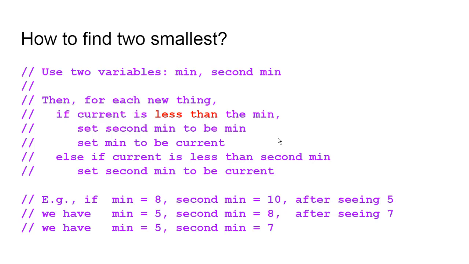Because 5 is less than 8, the new min should be 5 and the new second min should be 8. So we assign second min equals min and then min equals the current. Suppose in the current state we see 7. Then 7 is not less than 5, so we compare it with the second min, 8. It's less than 8, so that should replace the second min. That's the idea of finding the 2 smallest houses.